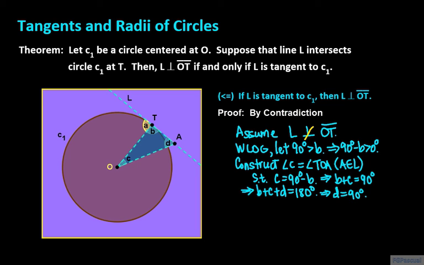And so triangle OAT is a right triangle with angle D as the right angle. And since OT is opposite the right angle, OT must be the hypotenuse, and so has to be greater than the other two sides. In particular, OT has to be greater than OA.